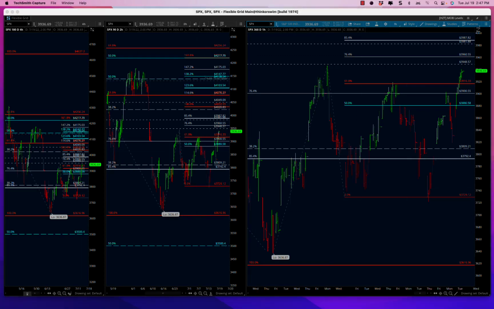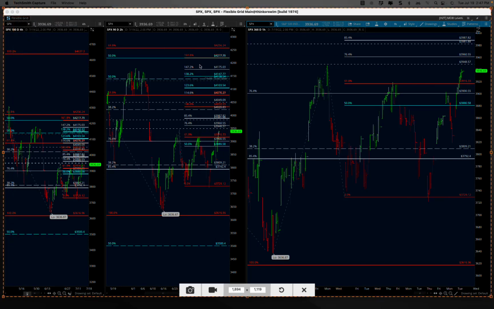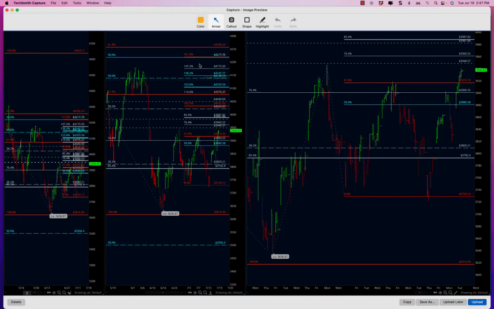Let me copy this. So price will always have you move like this, assuming a bullish move.